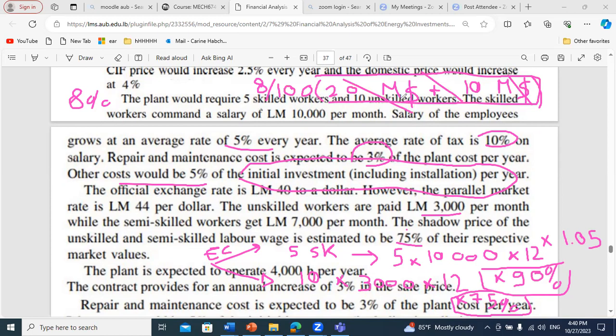Okay, we already converted to local money. And we considered, for the economic case, a reduction, because we have a reduction on local contractors. So since this was already calculated, we just have to add initial investment and installation cost, and then multiply by 8%.